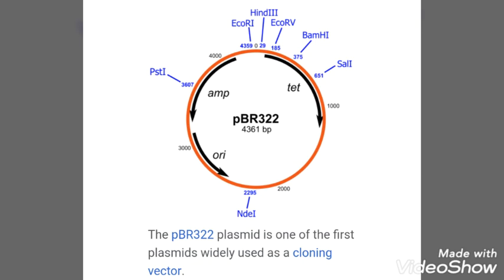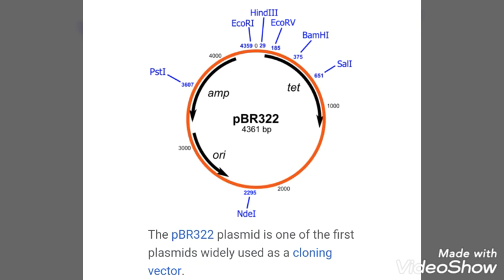So vectors are mainly classified into two types: natural vectors and artificial vectors. A natural vector means one that is naturally present in the bacterial cell, which we call a natural vector or natural plasmid. But those that scientists prepare or synthesize in the laboratory are called artificial vectors.